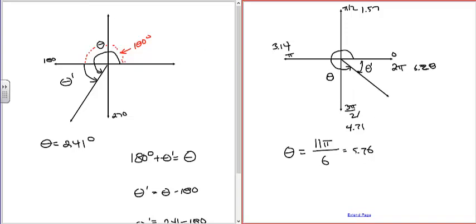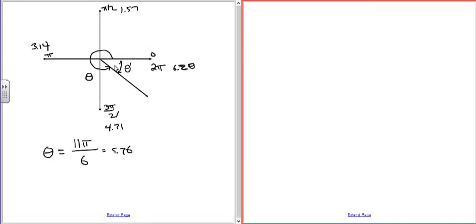So if we look at what's happening here, theta plus theta prime is equal to, in this case, 2 pi. Adding these two angles gives me full circle. So you get theta prime equals 2 pi minus theta. So we can figure out what the reference angle is.